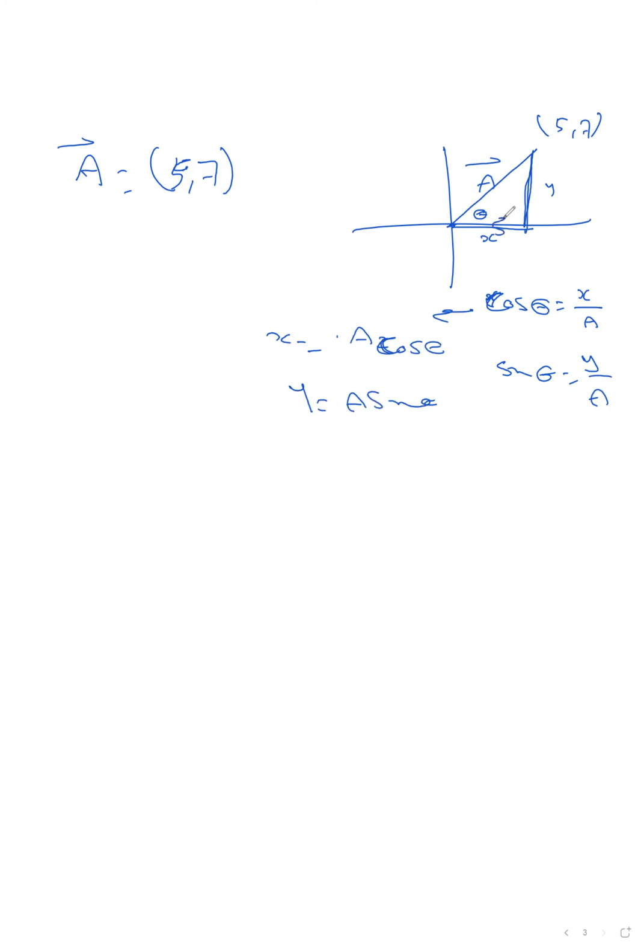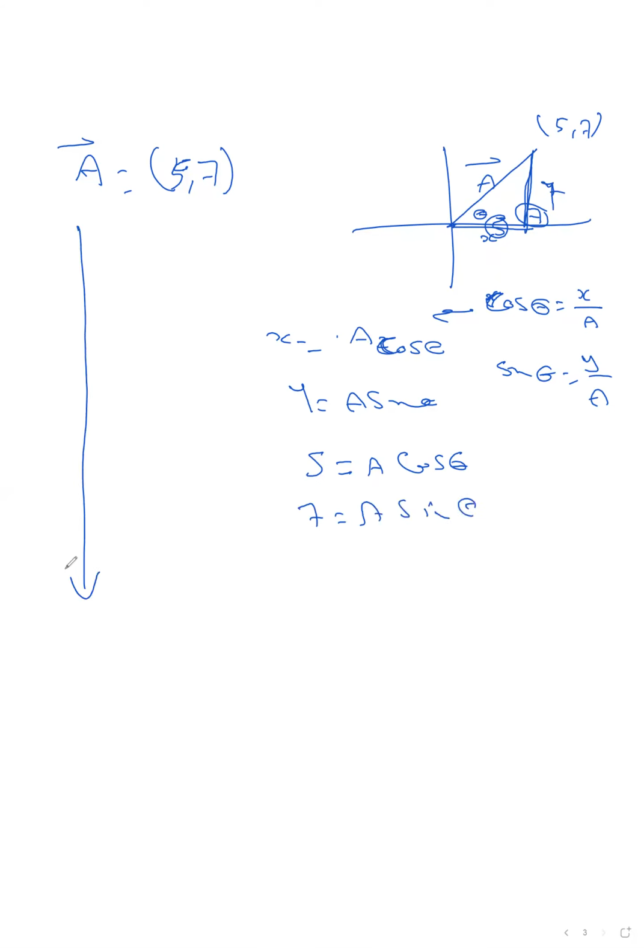طب اذا كان ده 5 وده 7 يبقى برضه ال 5 تبقى equals A كوزاين سيتا و 7 equals A ساين سيتا.